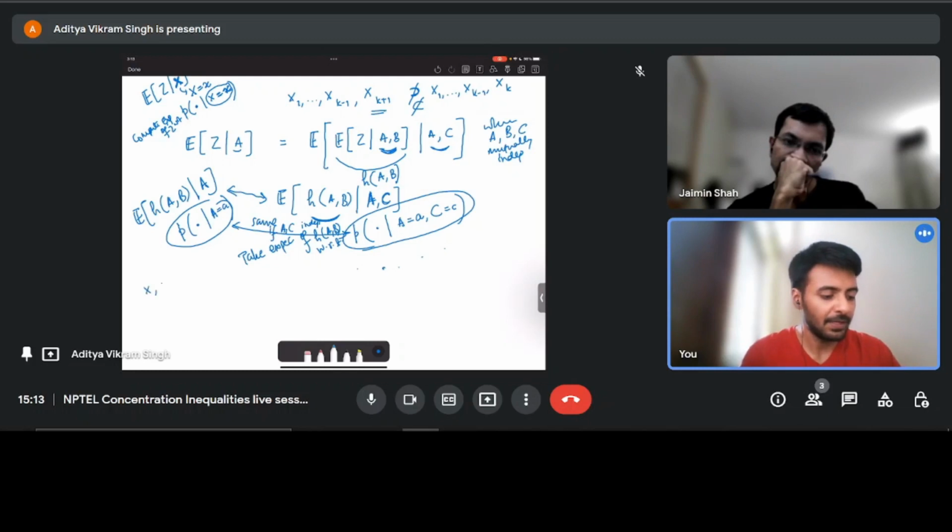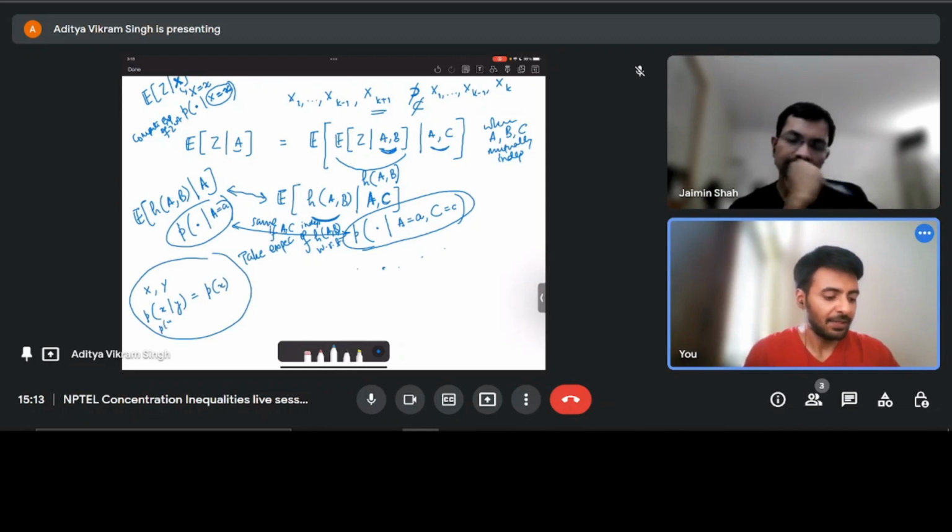Suppose we are given x comma y. We say x and y are independent if and only if the probability of x given y equals the probability of x. This is the condition for independence, which is the same as, if you multiply on the RHS and LHS by p(y), you get p(x, y) equals p(x) times p(y).